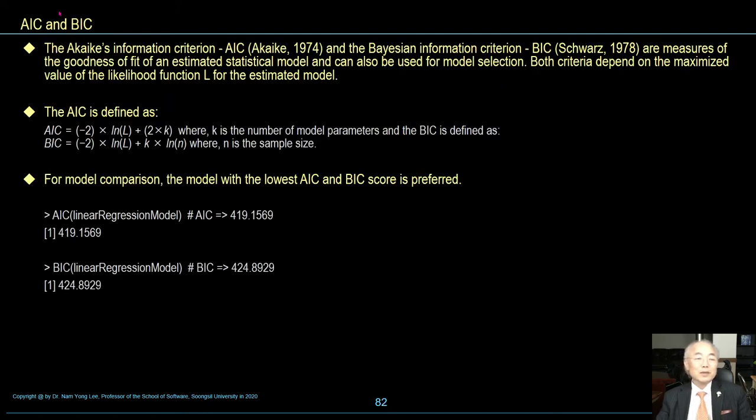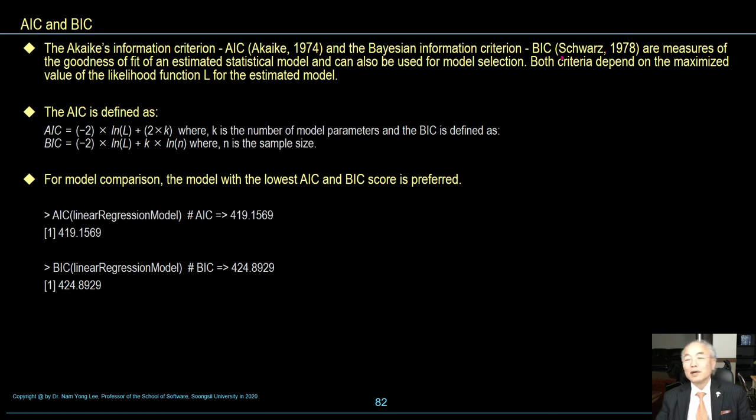AIC and BIC. AIC, the Akaike information criterion, was developed by Professor Akaike in 1974. The Bayesian information criterion, BIC, originated by Schwarz in 1978.